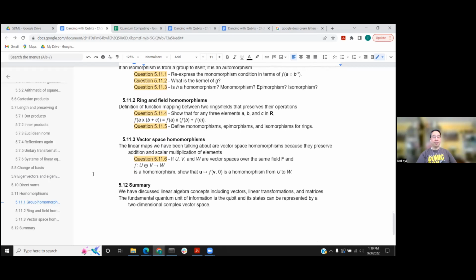Okay, final thing in the summary, the author says, when we get to the qubit in just 20 more pages, we're going to see that it is a small vector space, only two-dimensional, with complex numbers. So it's a 2D complex vector space. And that's just one property.